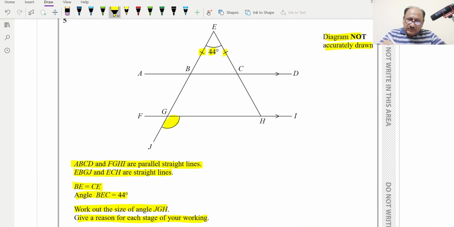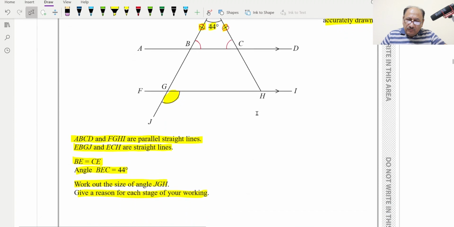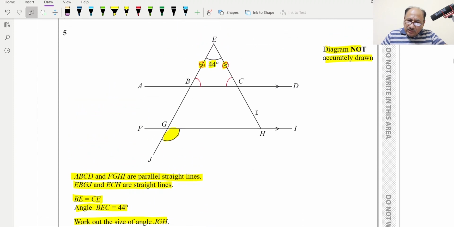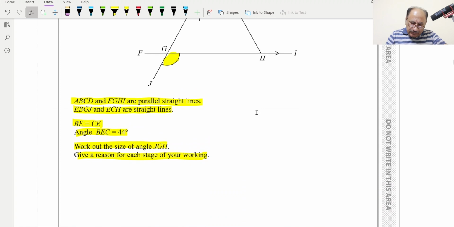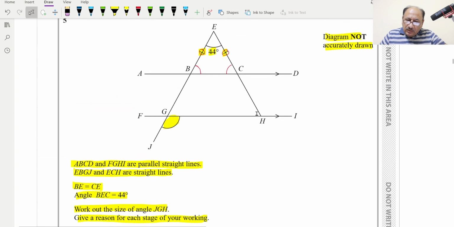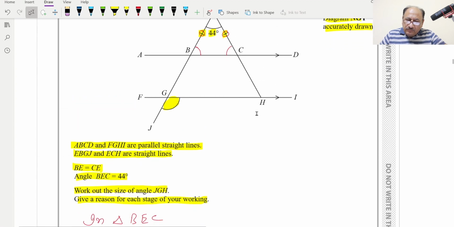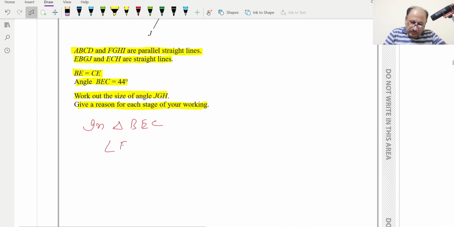So give a reason for each stage of your working. So we can understand, first we can figure out that these two sides of the triangle are equal, so their opposite angles will also be equal. So how much will be the angle? It will be 180 minus 45. So we can write, in triangle BEC, angle EBC is equal to 180 minus 44, or what?